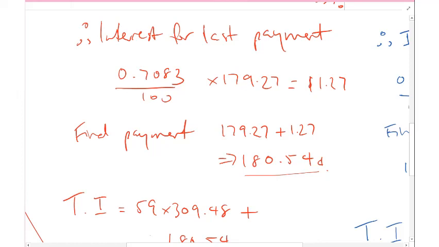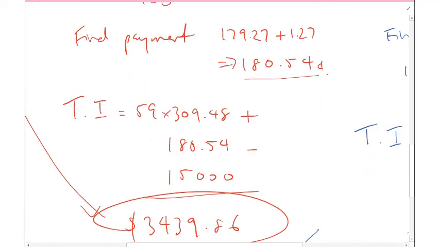So we add our last payment plus interest to our number of payments for the total repayment. That's 59 times the payment plus that partial payment with interest, minus the principal.